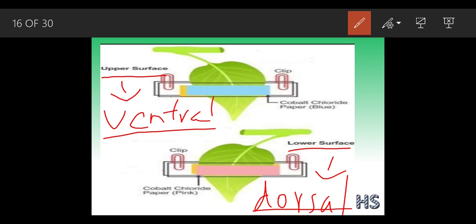So this experiment clearly symbolizes that there are more stomata on the dorsal side, meaning the lower surface. Okay, this experiment proves that there are more stomata on the dorsal side than the ventral.